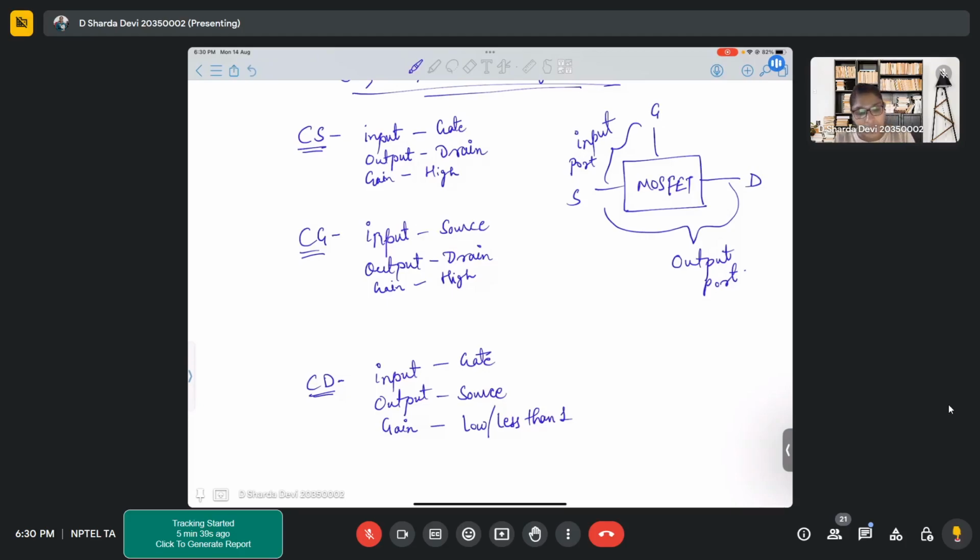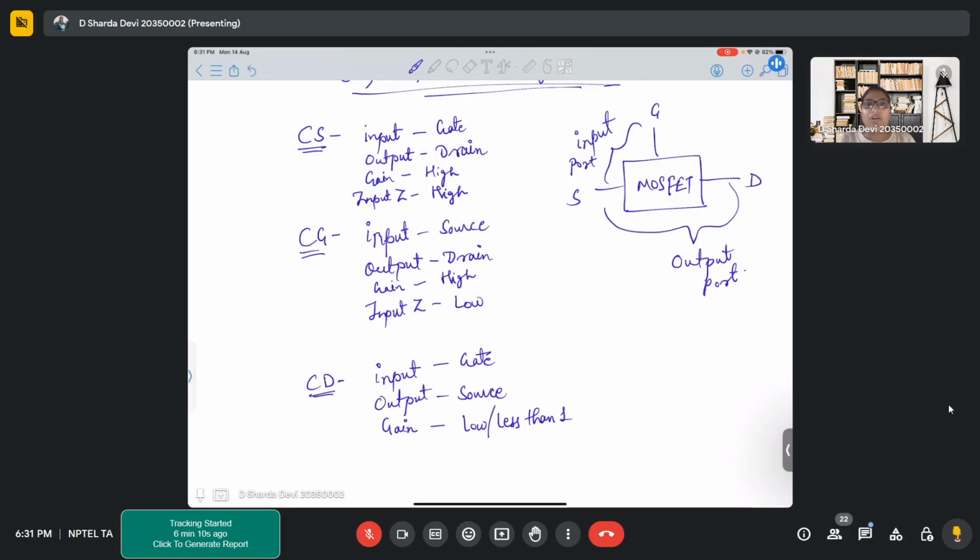So the input impedance is very high in case of common source. Whereas when you are looking at common gate, your input impedance is at source, so it is low. We should always keep in mind that when we design an amplifier, especially a voltage amplifier, we want our input impedance to be high.